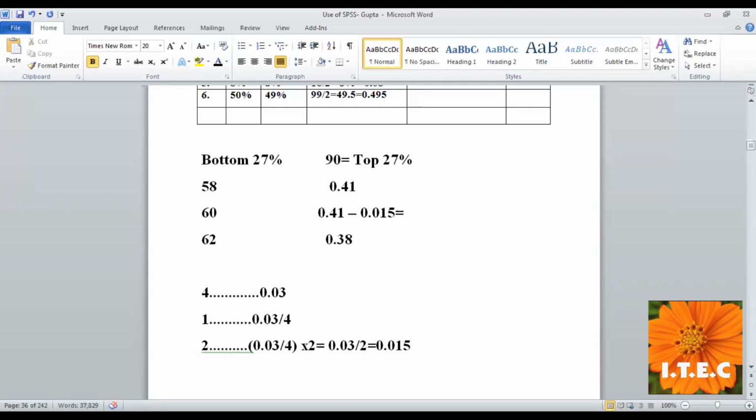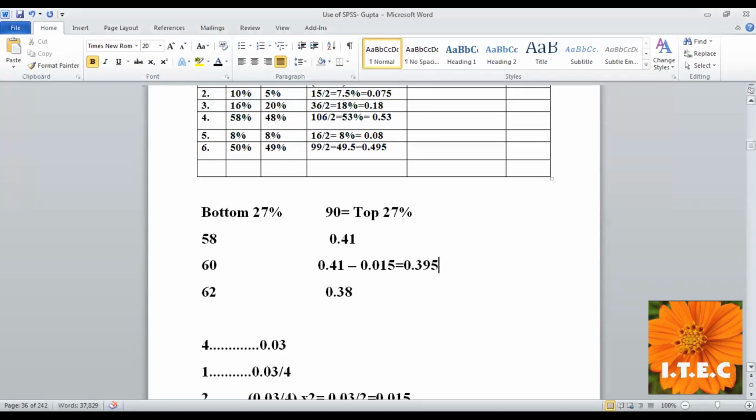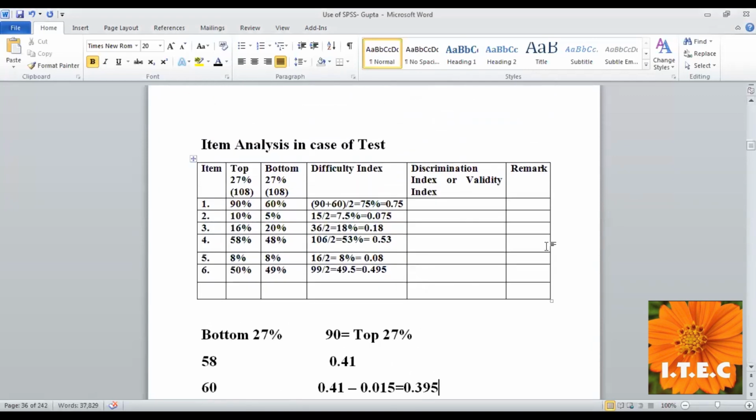So it will be 0.41 minus 0.015, and this is 0.395. So that becomes the value. So the value here is 0.395.